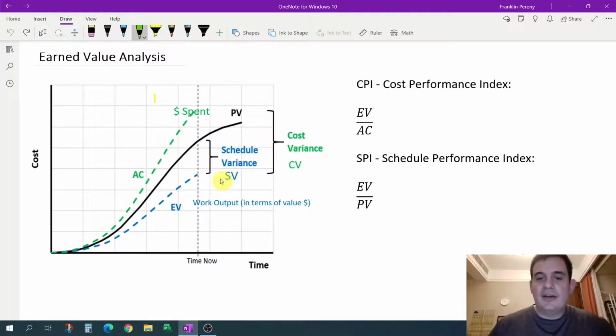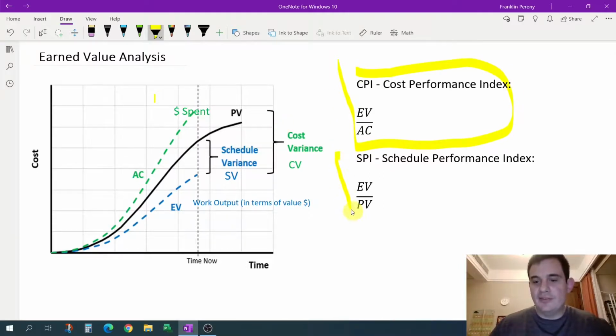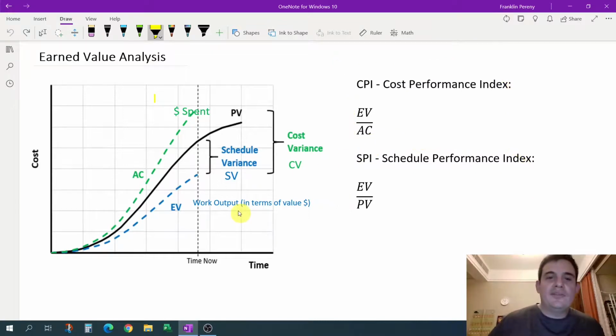So let's talk about another metric that's brought up, which is the cost performance index and the schedule performance index, right? So these are also relatively straightforward, and a lot of people memorize these formulas, but it's really just kind of common sense. So let's use our example again, where I'm building a road.